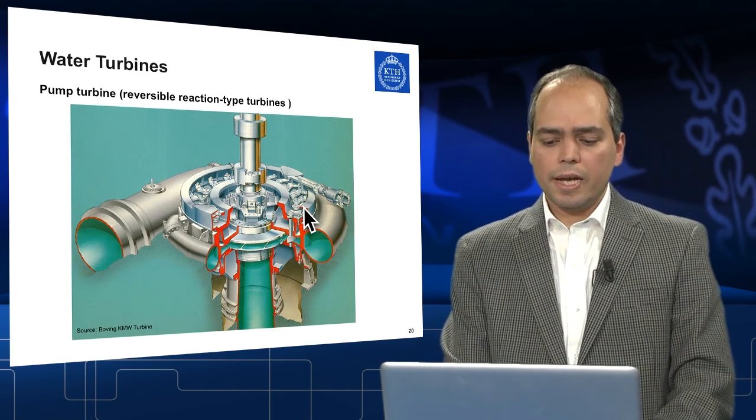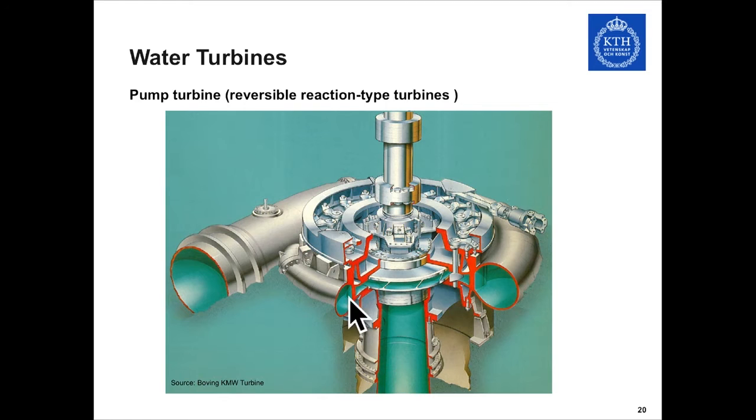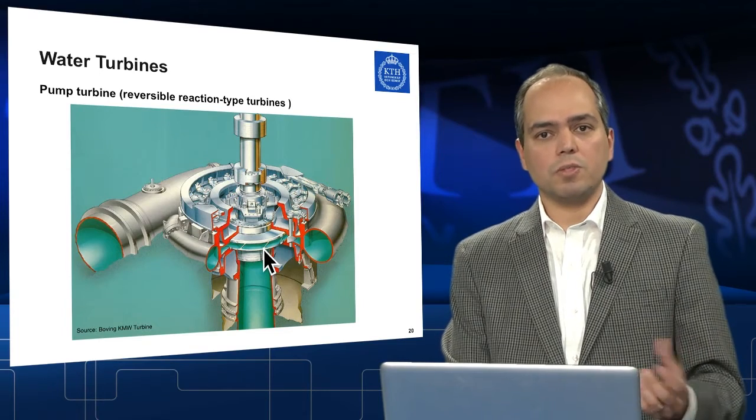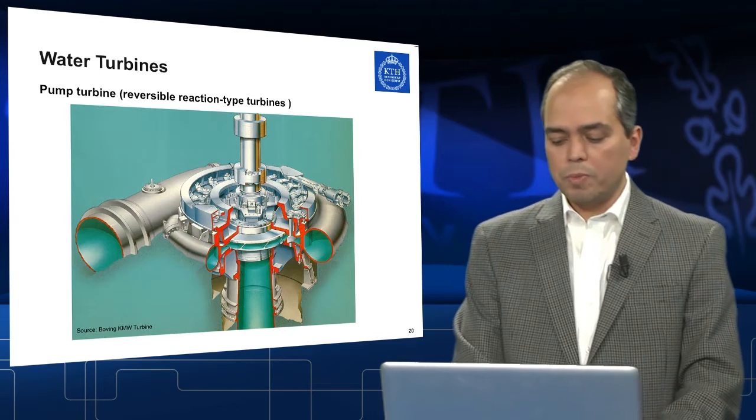Here again you can see a section of the entire pump turbine. The runner here, you can see the geometry is different from the Francis turbine. It also includes some aspects of a pump runner blade, so it can be used as a pump or as a turbine, depending on the direction of rotation.